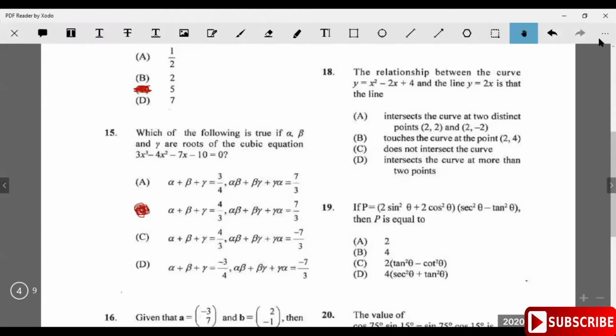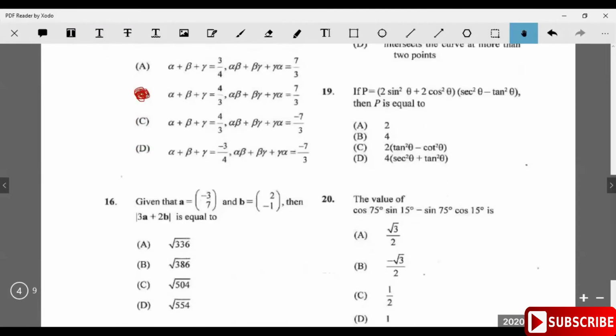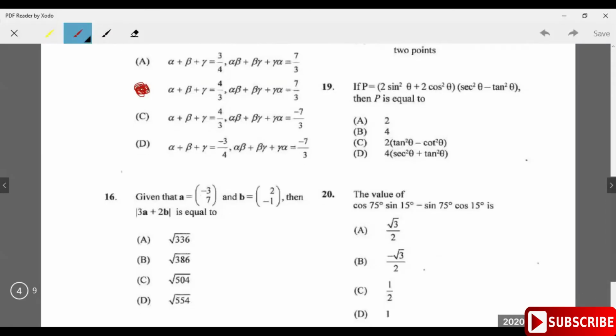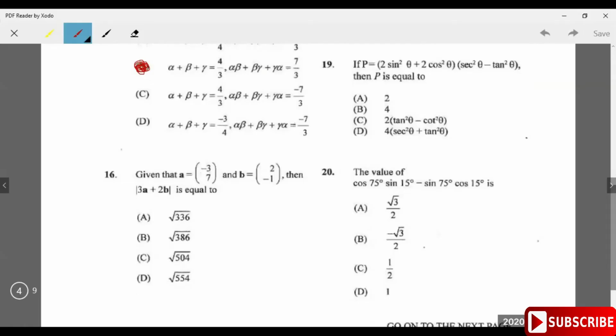Easy question. Soft. Question 16 says, find the value of the modulus of 3a plus 2b. So first we need to work out what is 3 times a. 3 times minus 3, 7, plus 2 times b, which is 2 times 2, minus 1.